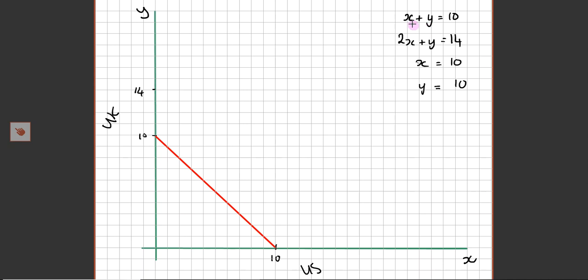The other way to think of it is, the x and y coordinates need to add up to 10. So it's 0 and 10 and 10 and 0, and then everything in between, 5 and 5, 4 and 6, 6 and 4, and so on. These ones are lovely to plot because you just go from the 10 and the 10. What about 2x plus y equals 14?